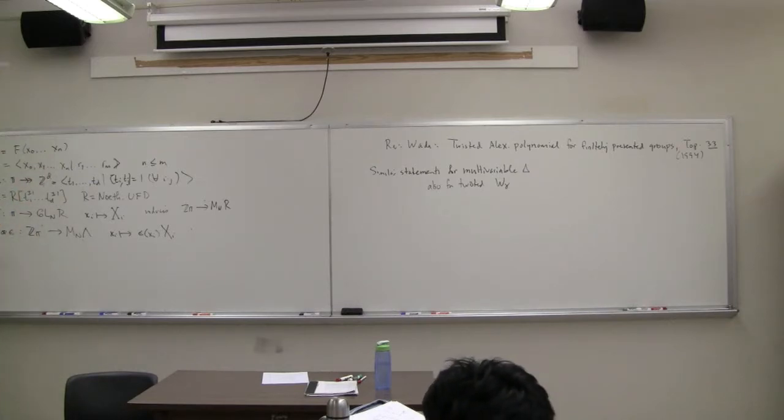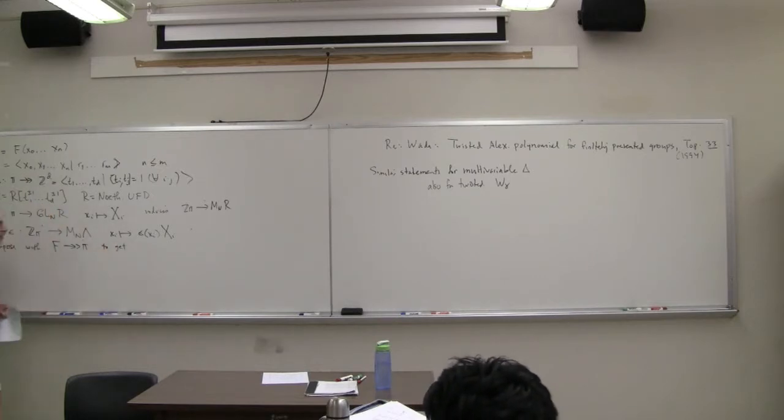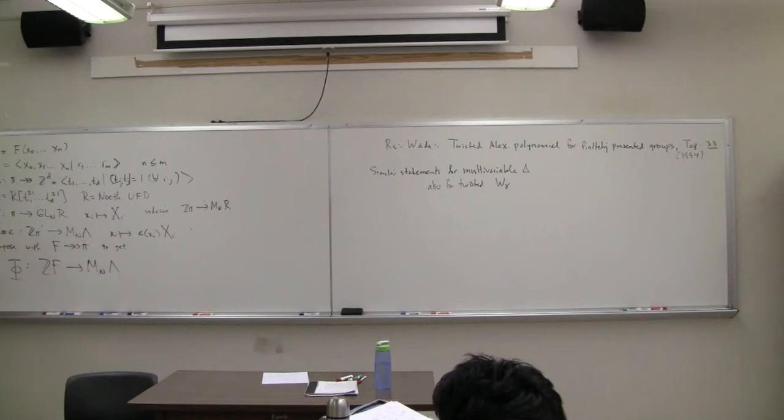So we're going to precompose with F to pi to get this thing, which should come up a lot, capital Phi, following Watta's notation as much as possible. This is going from the group ring of the free group to the n by n matrices over lambda.